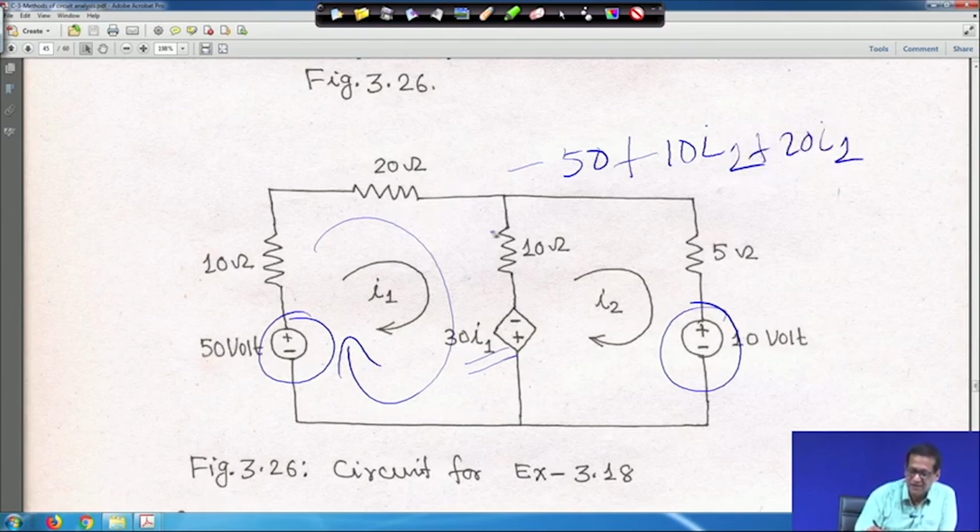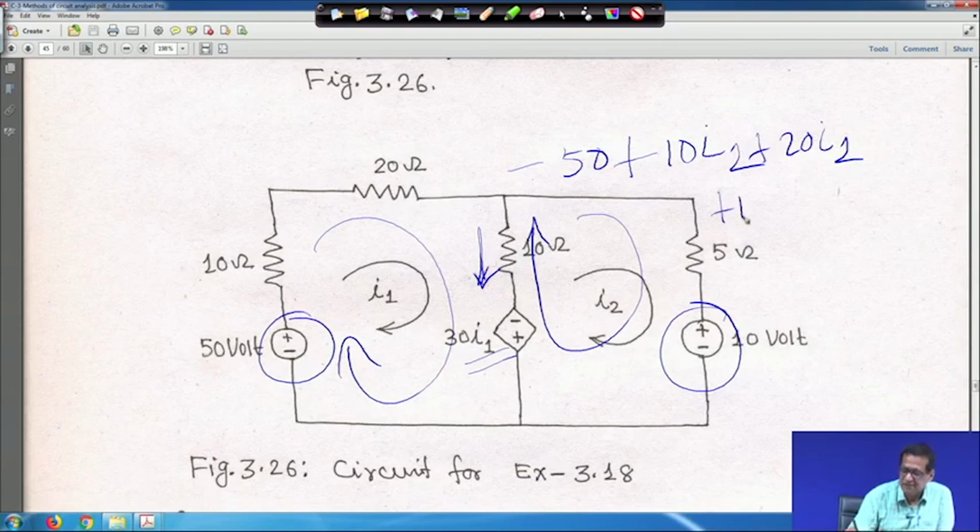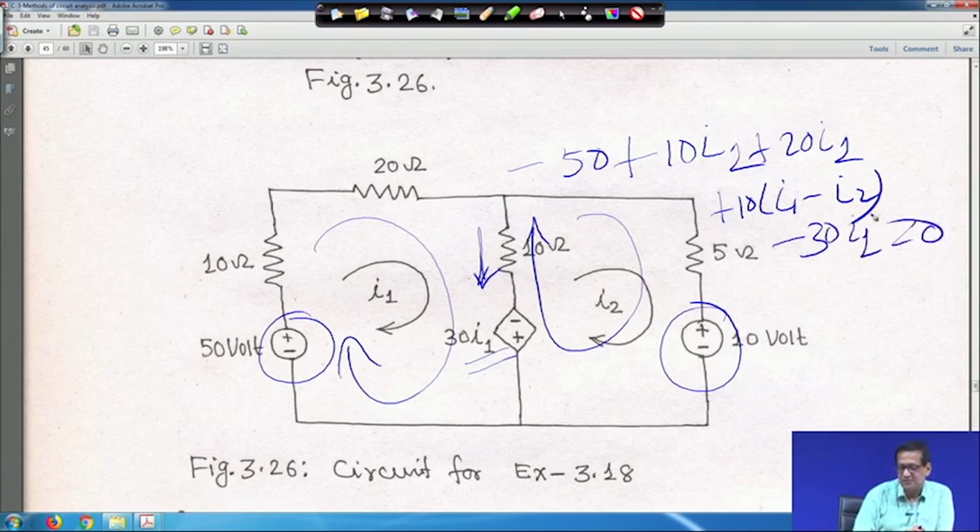Here we are moving in the direction of I1, and this is I2, so the resultant in this direction is I1 minus I2, so plus 10 (I1 minus I2). Then, encountering the minus terminal first, minus 30 I1 is equal to 0. This is one equation.